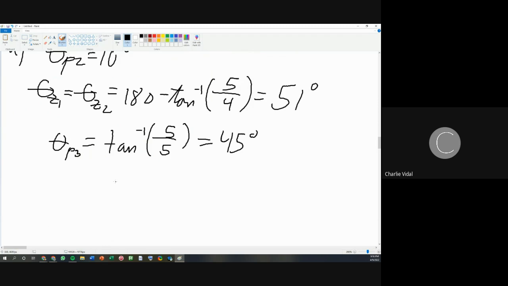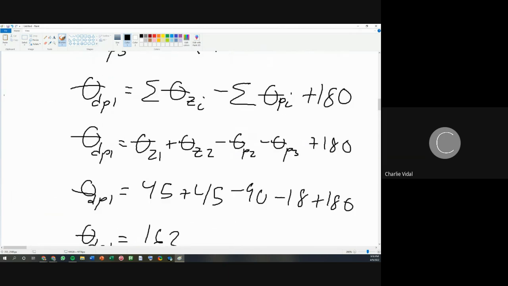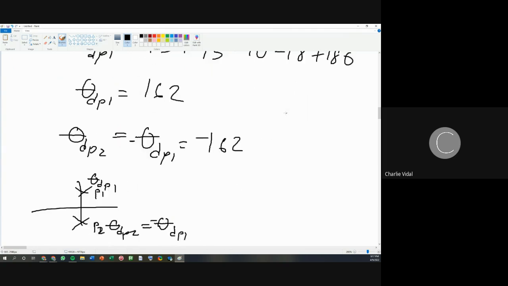After you found that, then you find theta dp1 using that same equation. Theta dp1 is 51 plus 51. No, you guys already saw the equation before. I could scroll up though. It's the theta, all the zero values minus all of the regular points, the x's, plus 180.